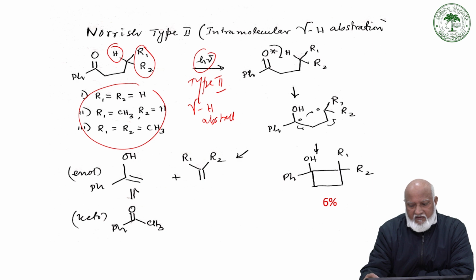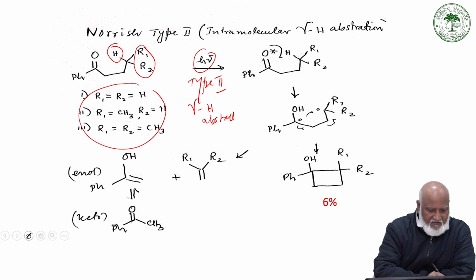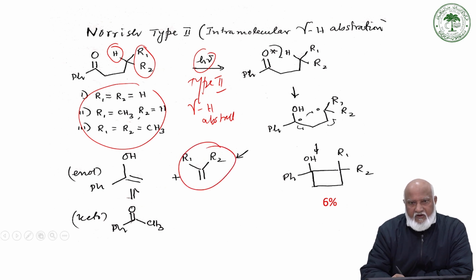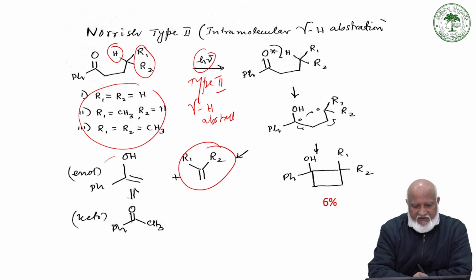Number one is the coupling of this 1,4-diradical to give a cyclobutanol as one of the products, or it can undergo fragmentation to give an ene, where one part goes in the form of an ene and the other part goes as an enol, which tautomerizes to give a ketone.